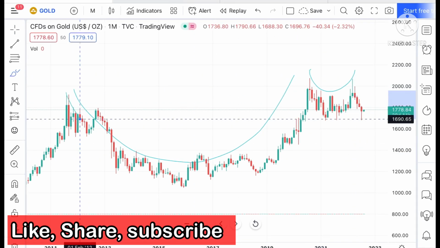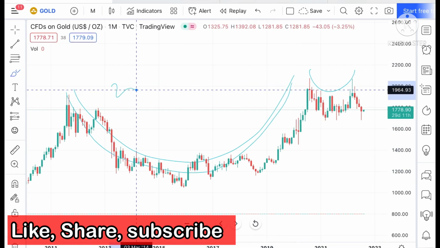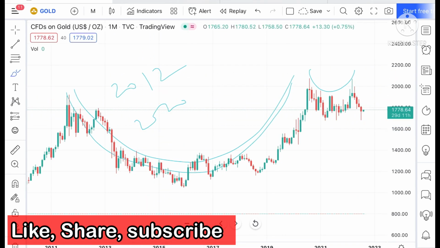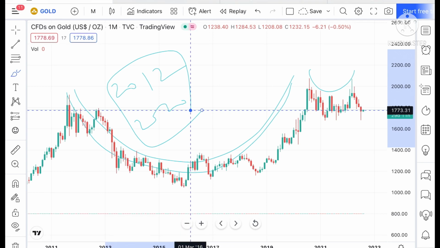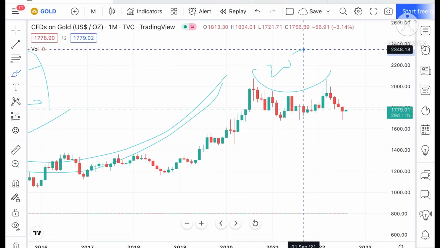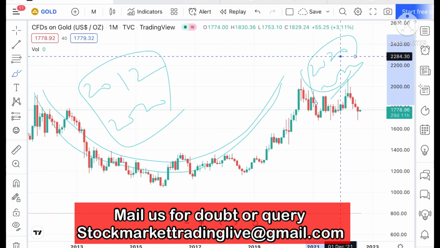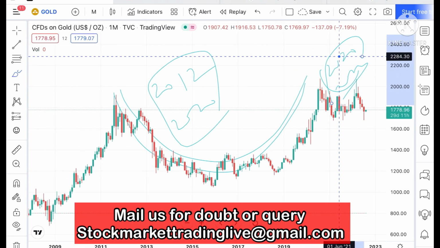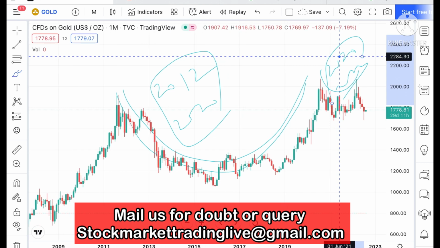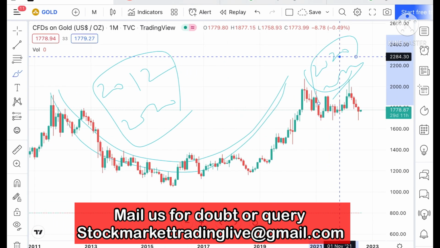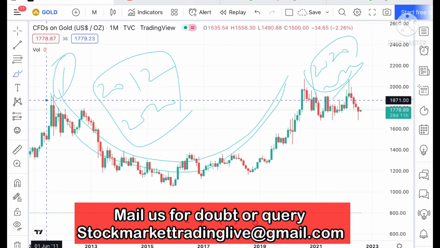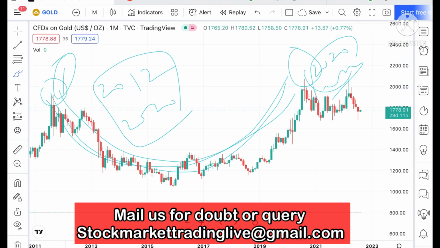Okay, what we see is that there is a pattern forming. This pattern has formed since around 12 of 2022. I have explained this to you 2-3 times in my previous video, and this is from 2020 to 2022. Now if you look at this particular chart, there is a certain pattern forming in both of these. The first pattern has two highs, a U pattern.